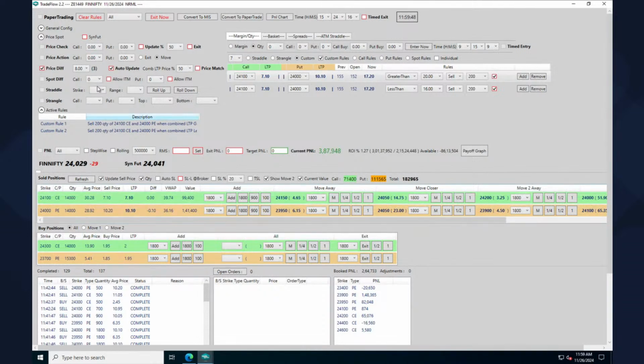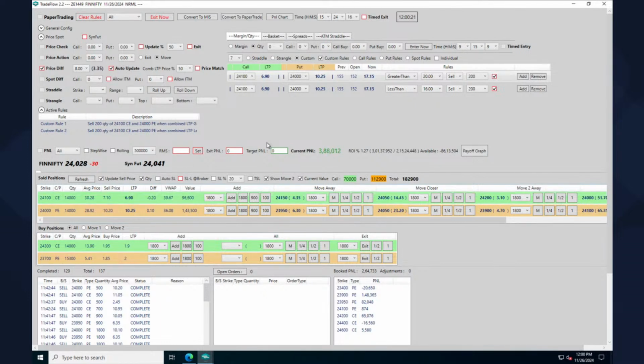If 10 becomes 17 or 18, and this remains the same, or this becomes about 14 and this becomes 6, then the difference is 8. At that point of time, this CE actually moves from 24,100 to 24,050.